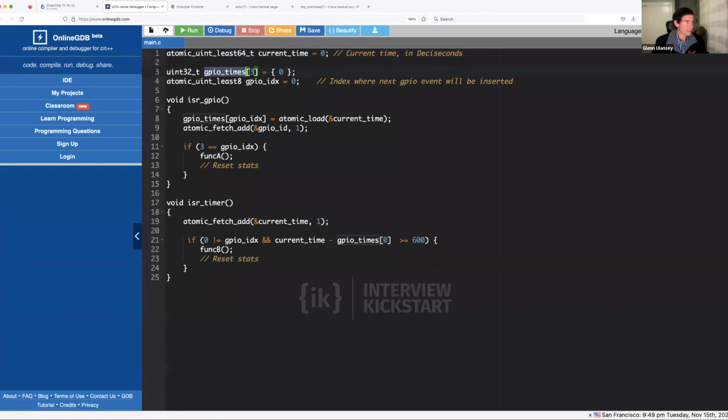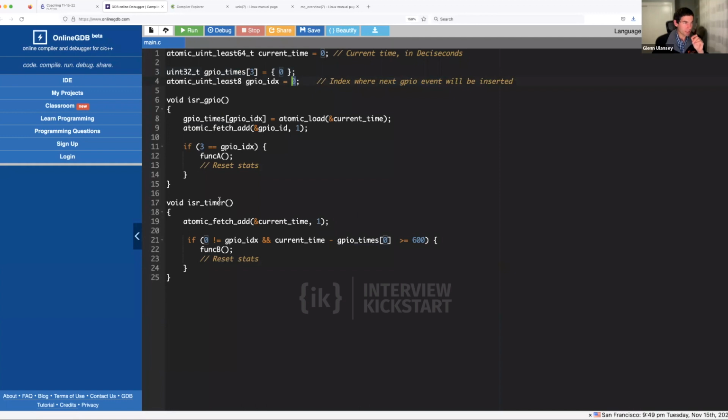And then the final thing I have is another atomic variable that is the index into this array, effectively a write pointer, where the next GPIO event will be inserted. So initially it would go into the 0th entry, then the 1st, and then the 2nd. So that's the state that I've defined here.